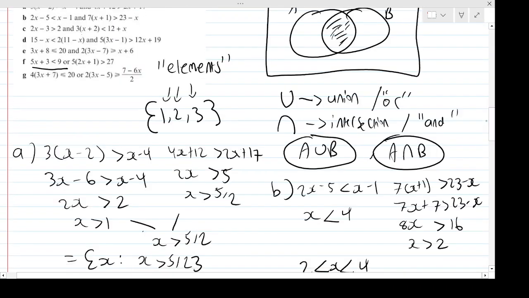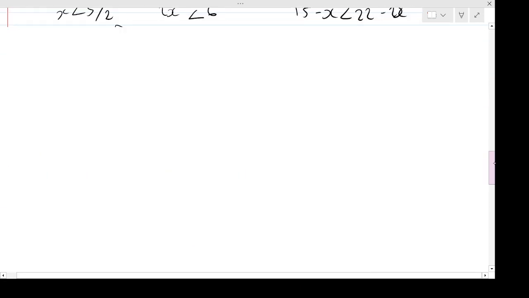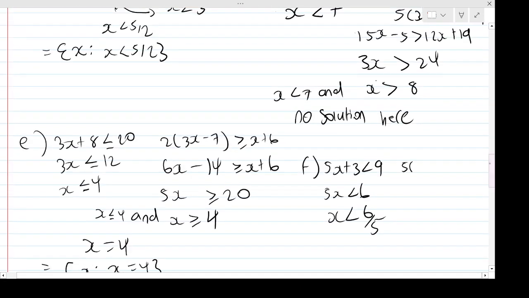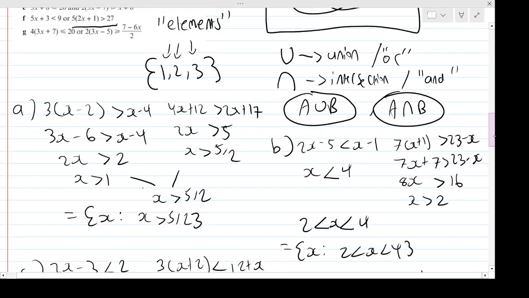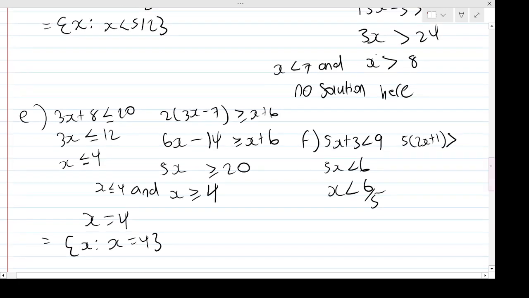And then the other one is 5 lots of 2x plus 1 is greater than 27. So let's expand that bracket. You get 10x plus 5 is greater than 27.